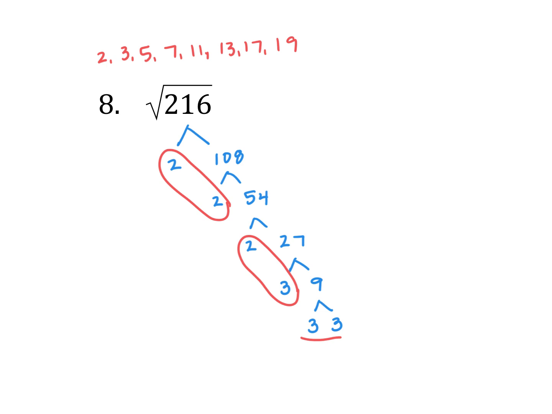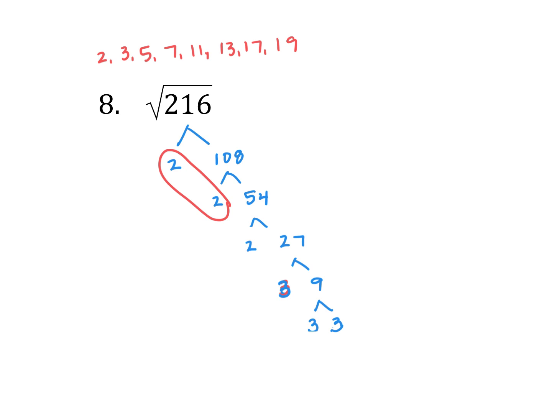That is not a pair of 3s. Hold up. Let's do this. So this was a 3. That was a 3. This is a 3.